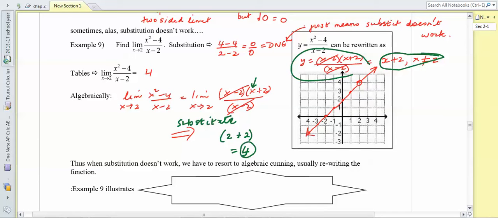So to summarize what we did here, the algebraic technique that I refer to as algebraic cunning is a very common way of doing these limits: factor, cancel common factors, and then substitute. So you'll have some homework to practice doing this.